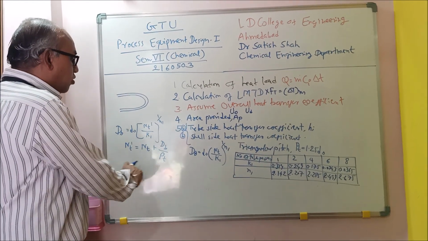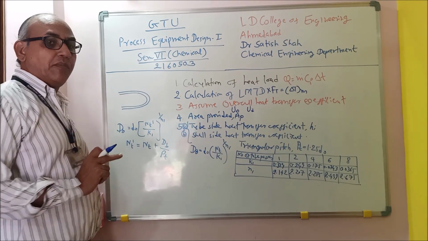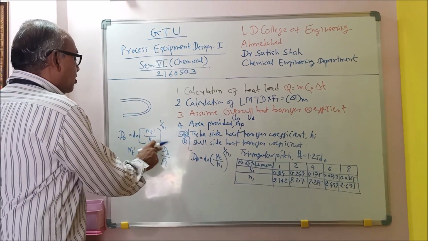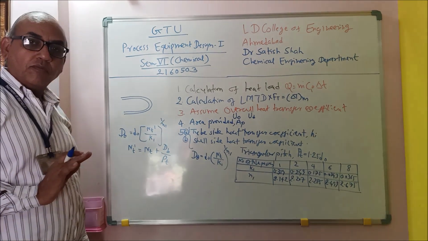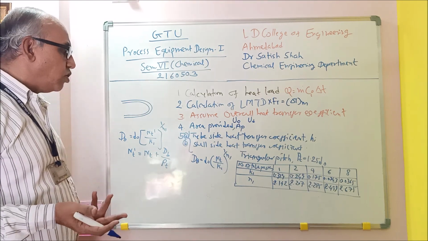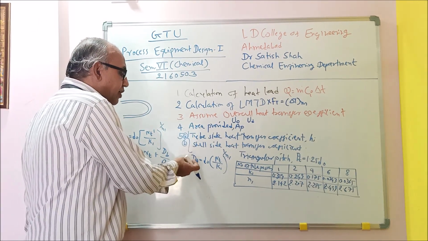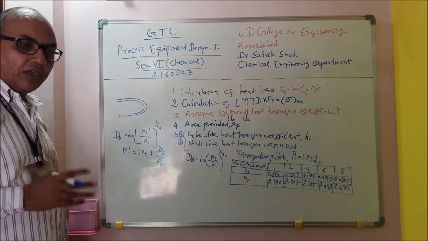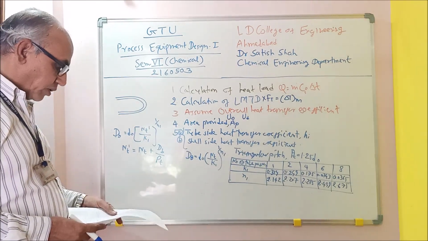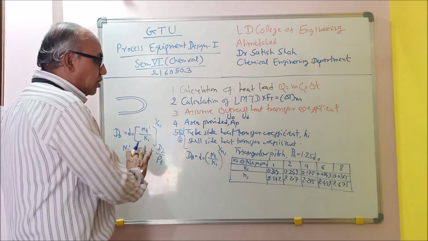For calculation of this, you first have to assume the bundle diameter, and then match it with this, and if you again get the same value, then you can say that okay, it is applicable to U-tube. Or roughly, whatever value you are getting by this formula, you can take slightly higher by your experience. Then you will get the bundle diameter.